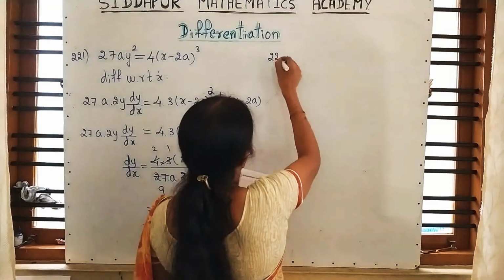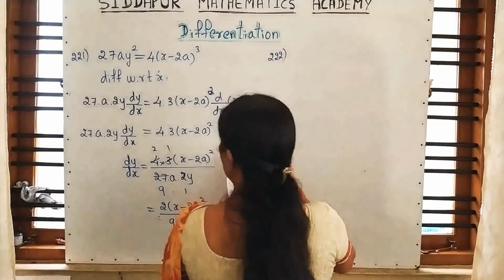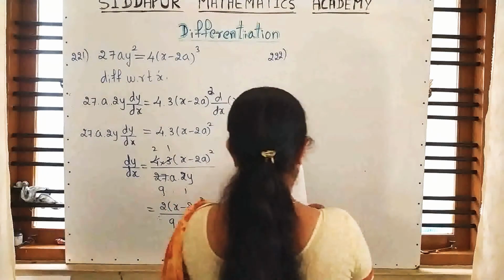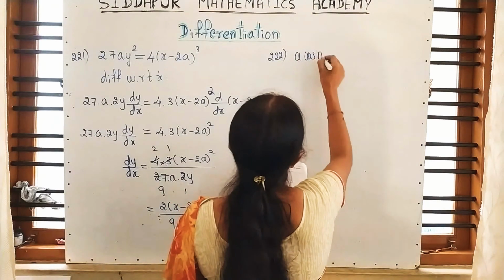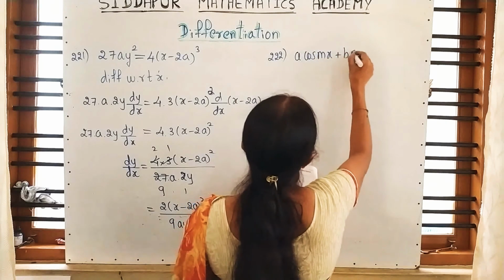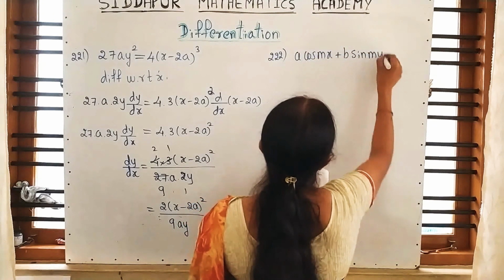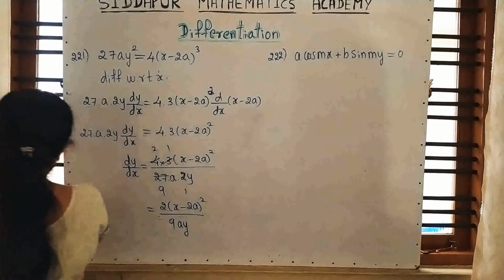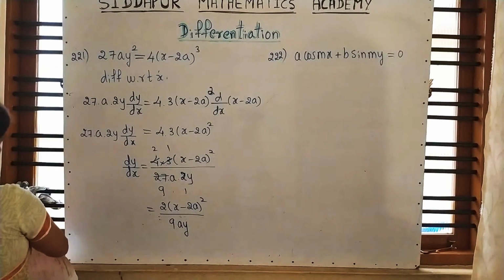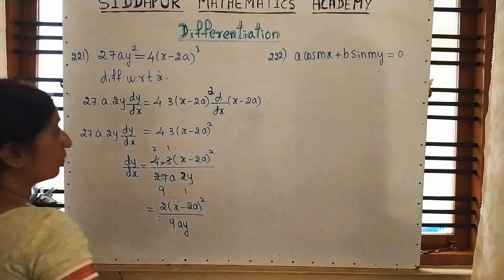Question number 222. A cos mx plus b sin my is equal to 0. Here, students, a, b are constants, and m is also a constant.